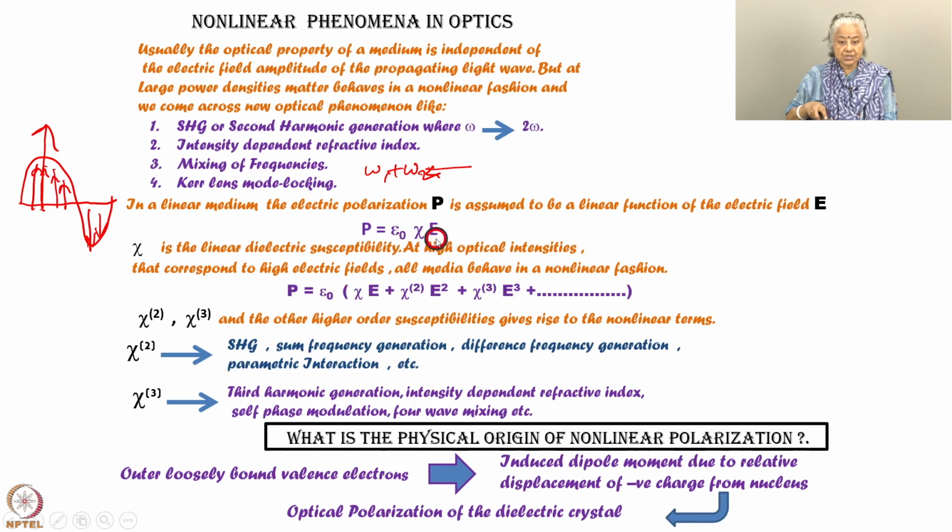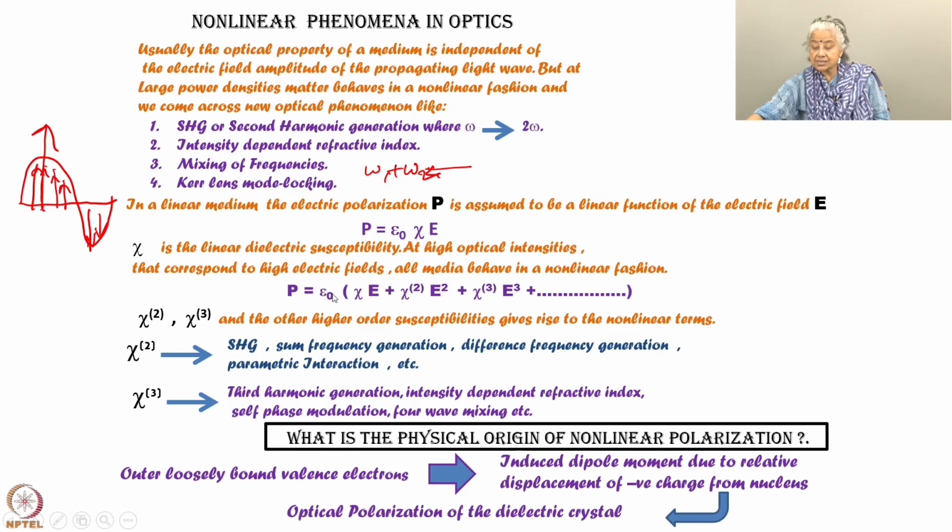This term corresponds to just the linear effect. But then you have a whole lot of other effects which are nonlinear. The moment you have E square, that's nonlinear, E cube, the properties of matter go on becoming new and something different because of this intensity. E square gives you intensity, E cube is intensity times E, and so it goes on. So, this part is the nonlinear part of the polarization, and this part is the linear part of the polarization.